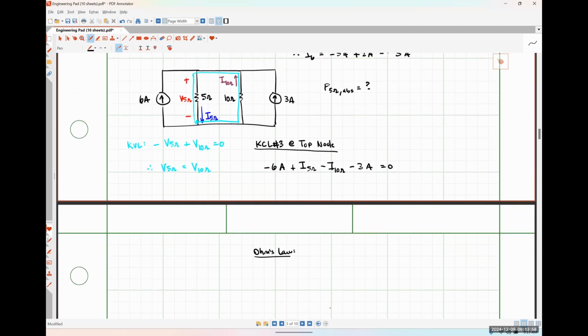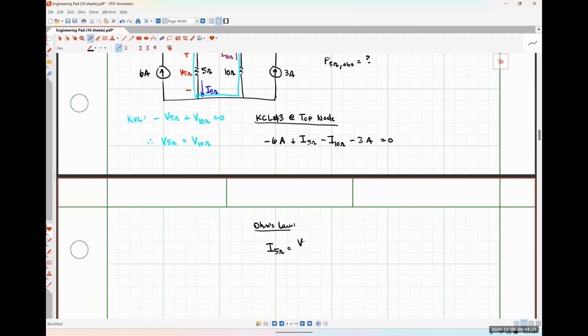So using Ohm's law, what would I5 ohms be in terms of V5 ohms? V5 ohms over 5 ohms. Absolutely right. So if V is equal to I times R, I is equal to V over R.